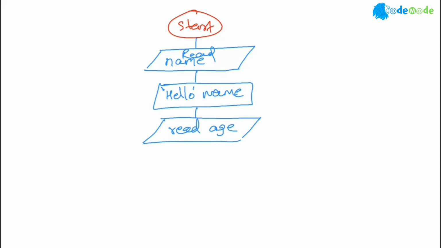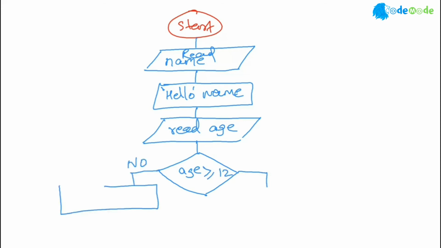Next thing I want to check is a diamond shape, and say if age is greater than or equal to 12, and answer is yes or answer is no. If answer is no, then you say sorry, your name, something, and if answer is yes, then I'll say welcome, whatever name.